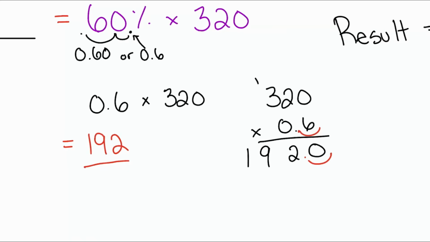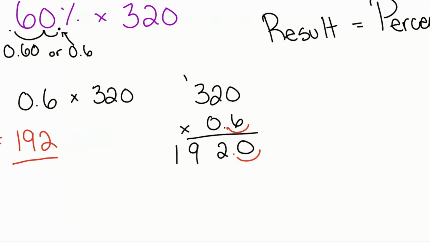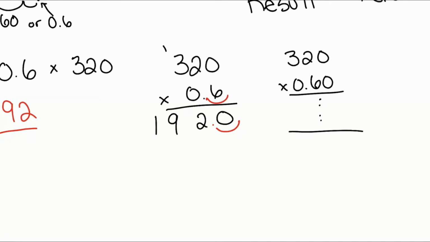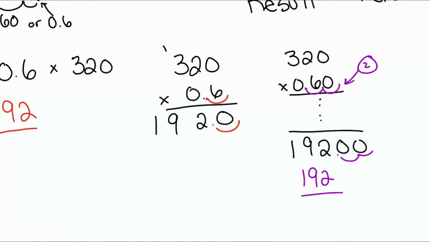Remember, if we had 0.60, let me actually just write this out over here. If we did 0.60, what we would have ended up getting when we did all the math is 19200. You would have had this. And what you would have done was 1, 2 decimal places right there, 1, 2 right there, and you still would have gotten to the same correct final answer.